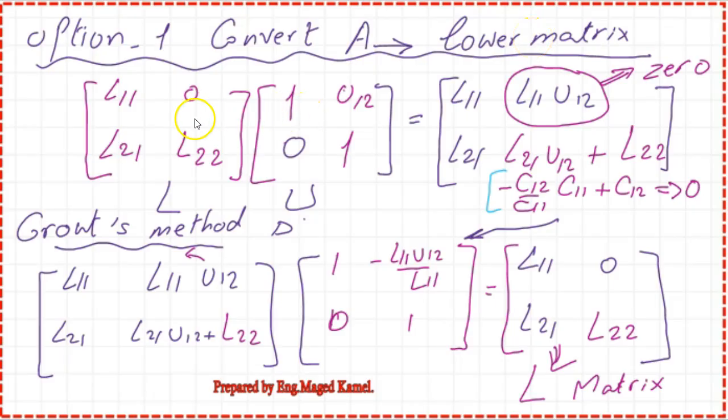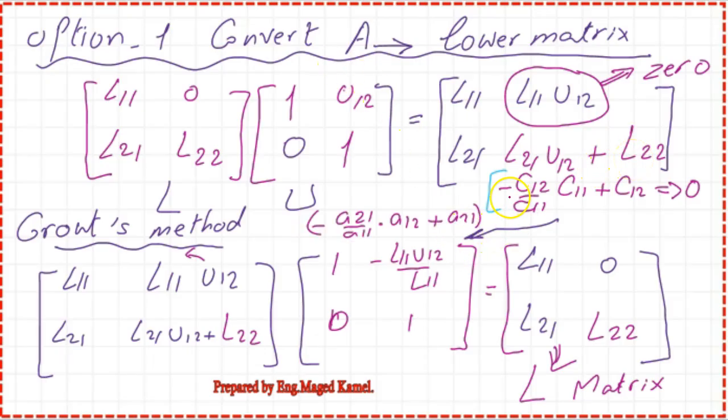When we multiply both L by U, we have L11, L11 U12, and this element is L sub 21, and this element will be L21 U12 plus L22.